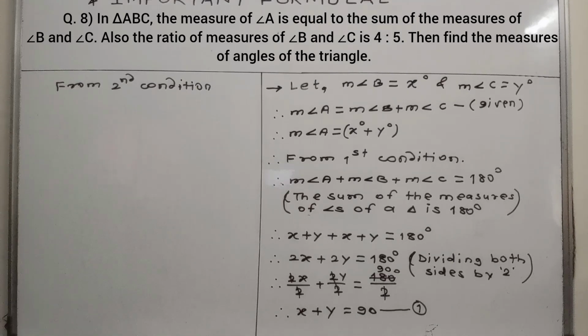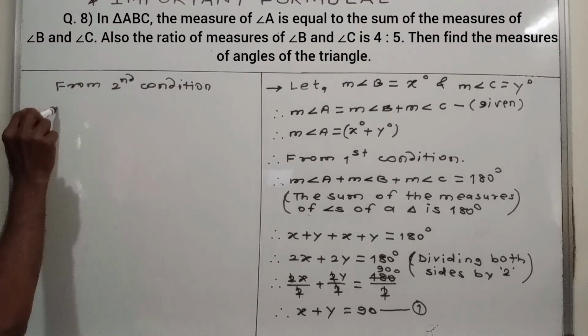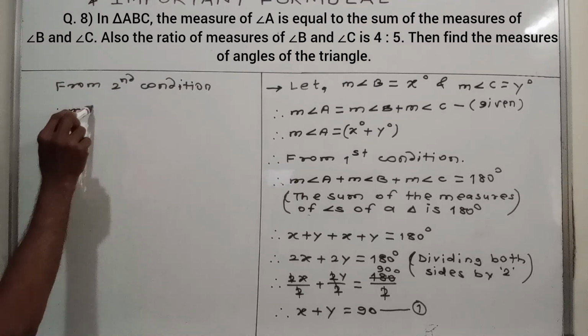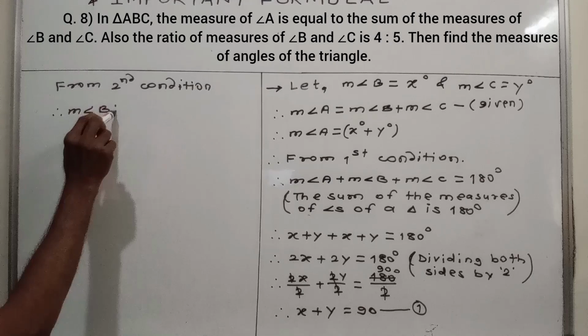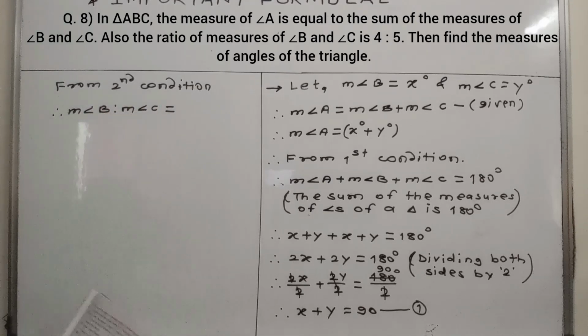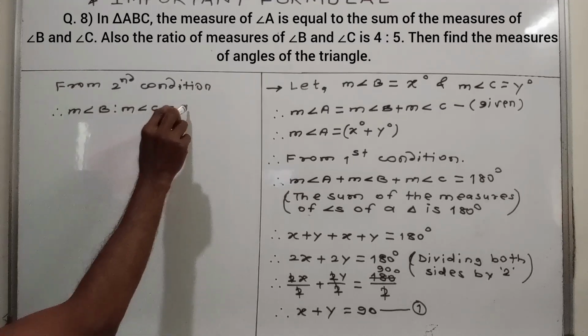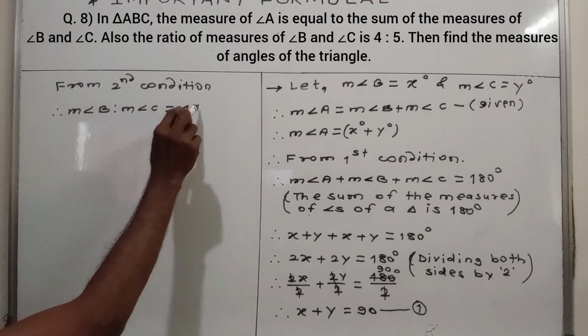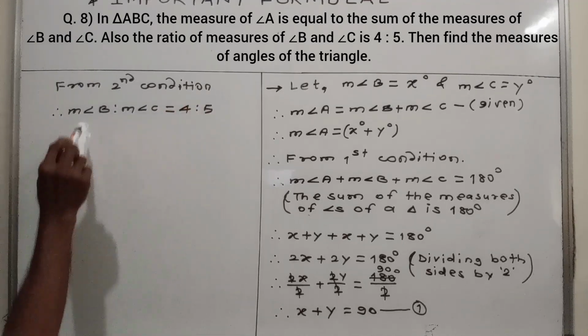Also the ratio of measures of angle B and angle C. Ratio we write this way. Therefore, measure angle B is to measure angle C. Ratio always we write in this way. Measure angle B is to measure angle C is equal to 4:5.